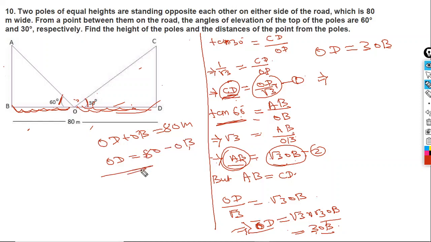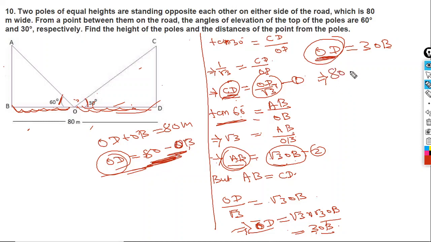Now you see, OD equal to 80 minus OB. In this place of OD, we can write this value, 80 minus OB. So instead of OD, we will write 80 minus OB.